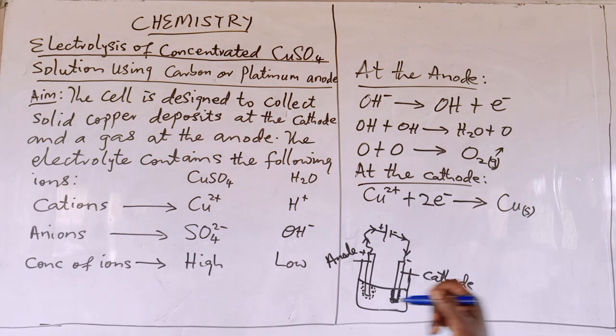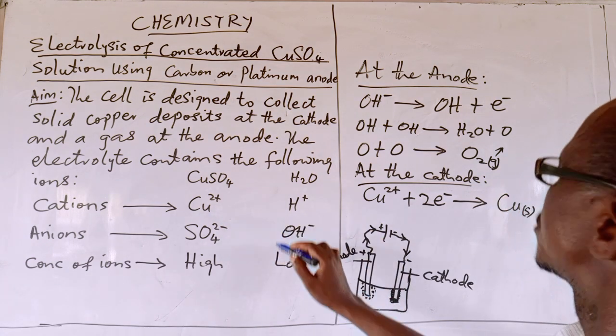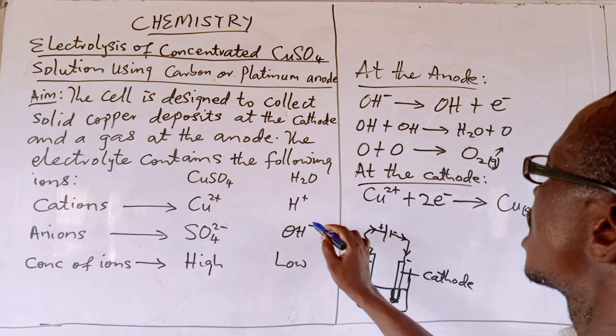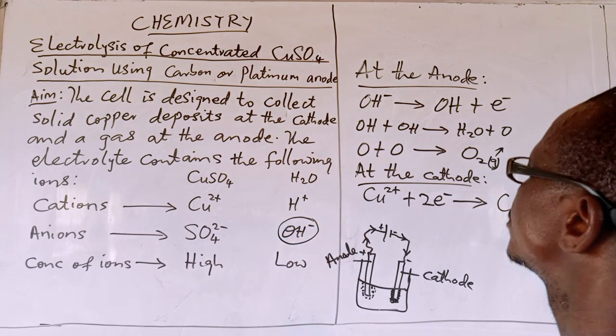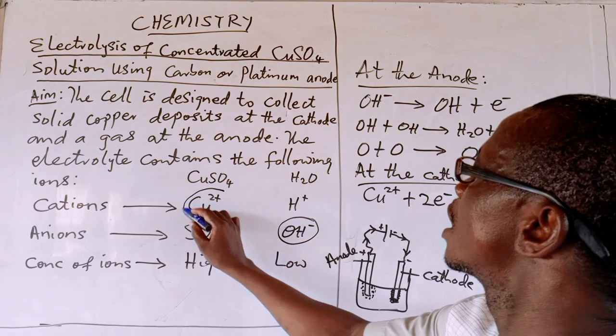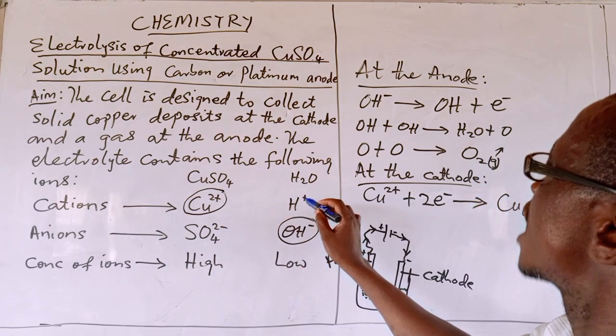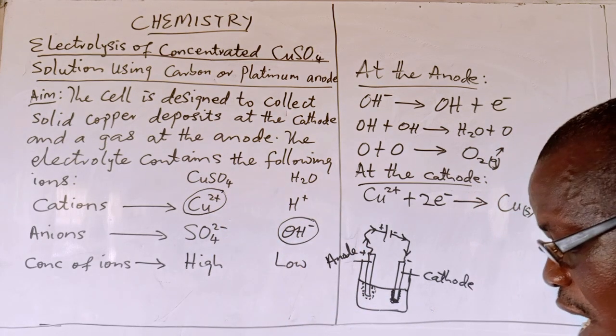Now, what you need to also observe is the electrolyte. What happens to the electrolyte? The solution lost hydroxide ion and also lost copper. So the solution still retains hydrogen and sulfate 6 ions.